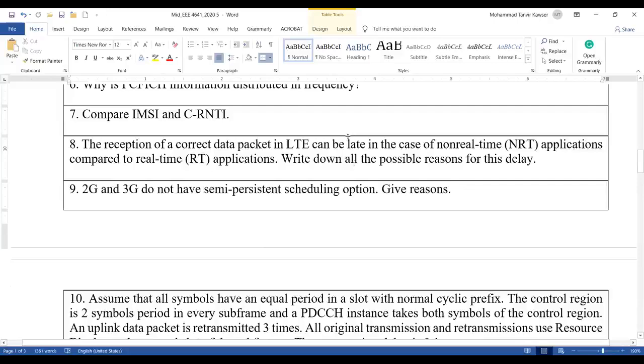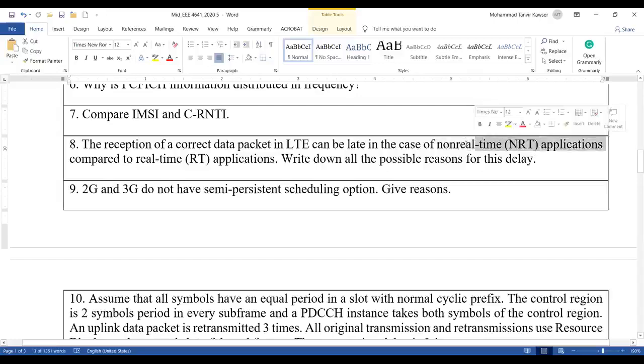We discussed that you have packet retransmissions for correction effort at different layers, but all these layers are not used in both cases. Only 3 layers are used when you are in NRT applications: HARQ at MAC level, then retransmission at RLC, and then TCP.